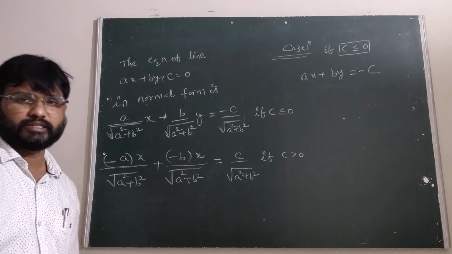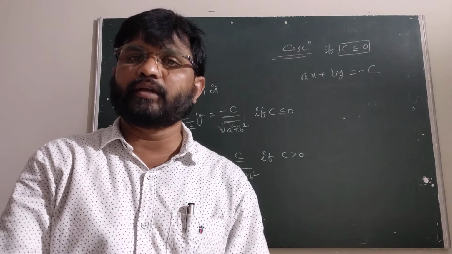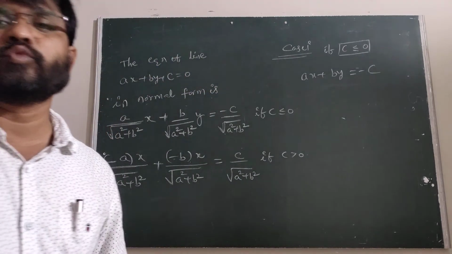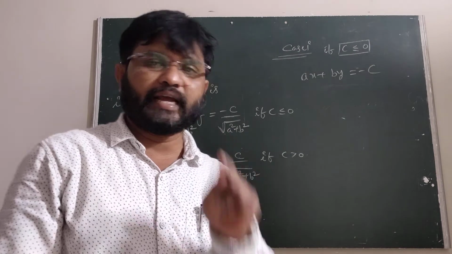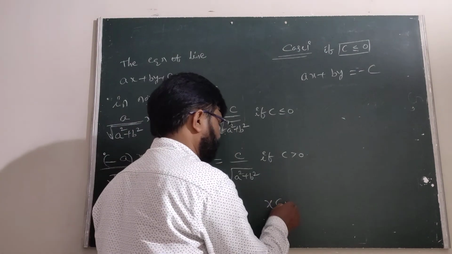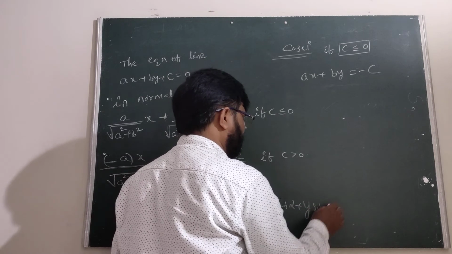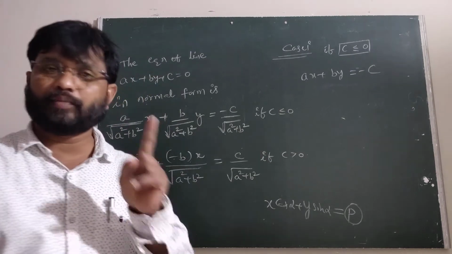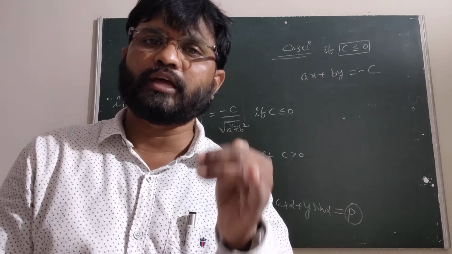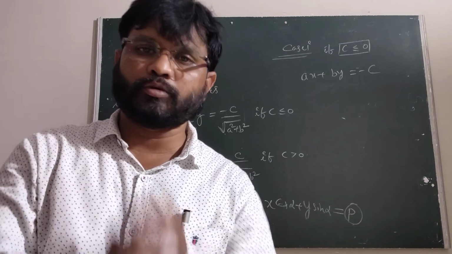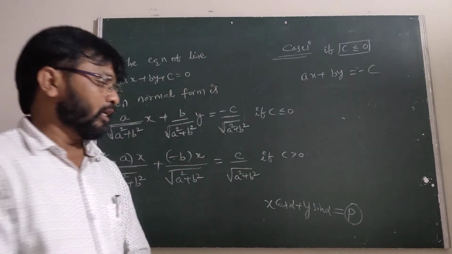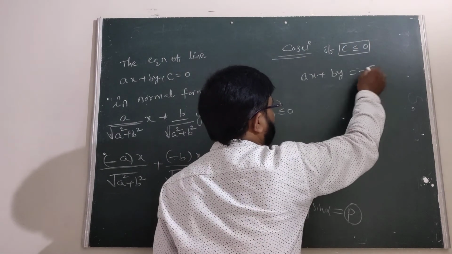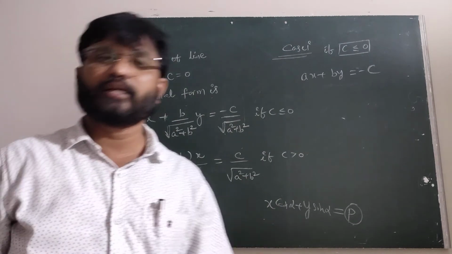When we write the given line in normal form or perpendicular form, we have to compare it with x cos alpha plus y sin alpha equal to p, where p, we know, is the perpendicular distance from the origin to the required line. The distance is always positive. That's why, suppose here we are taking c as negative, minus of minus is plus. In that case it is no problem.